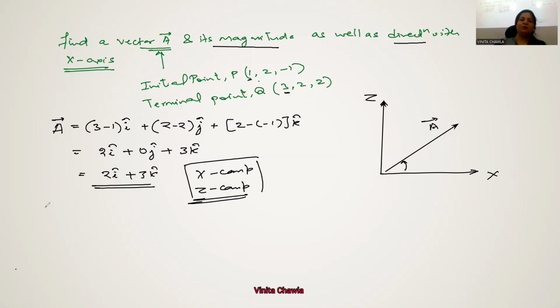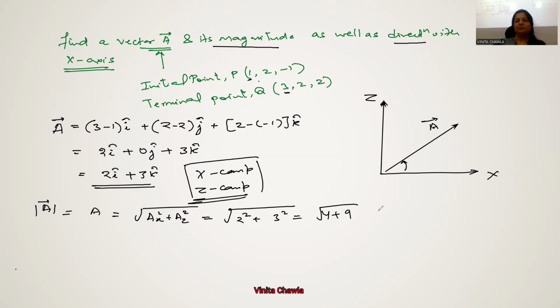So first find the magnitude of vector A. It's square root of Ax square plus Az square. So Ax square is 2 square and Az square is 3 square. 4 plus 9 is 13, so the magnitude of vector A is root 13.